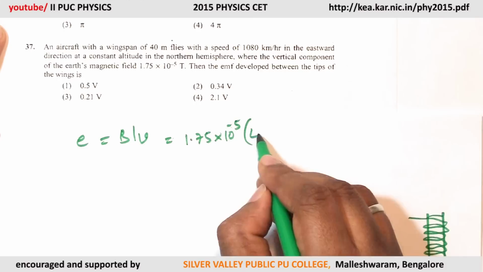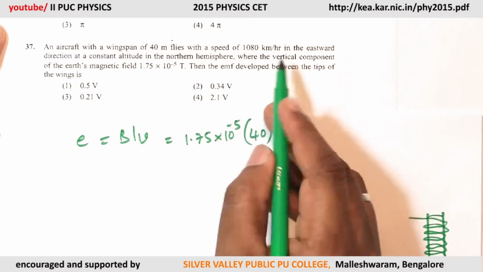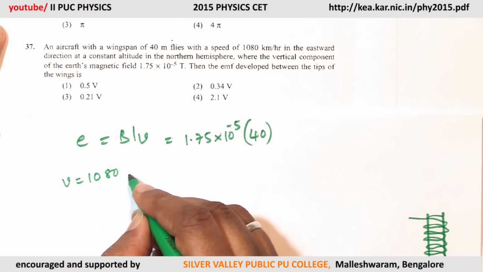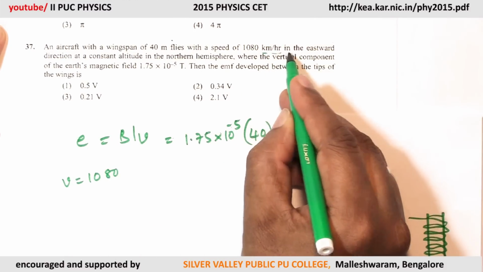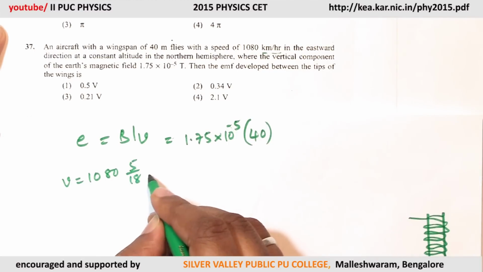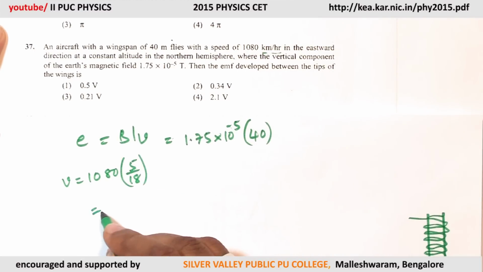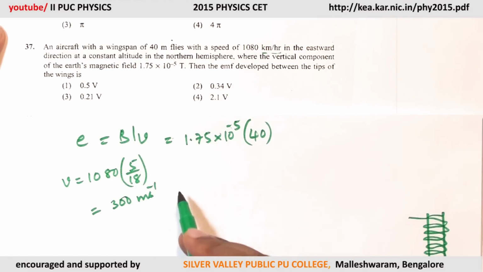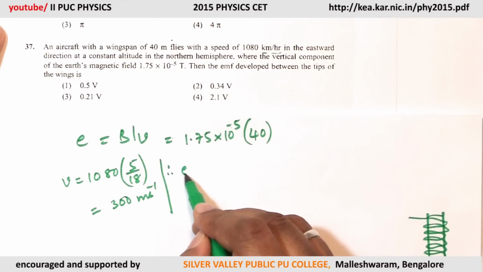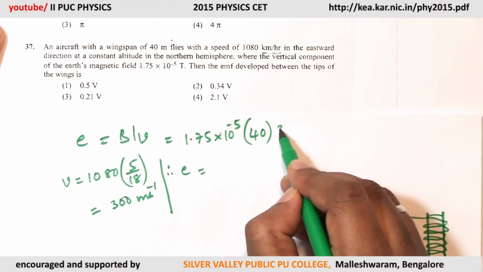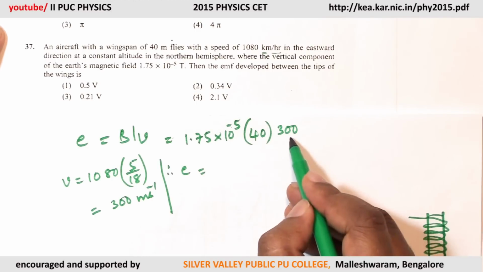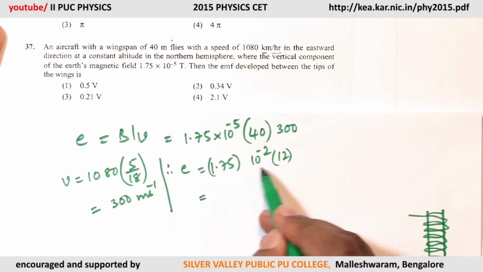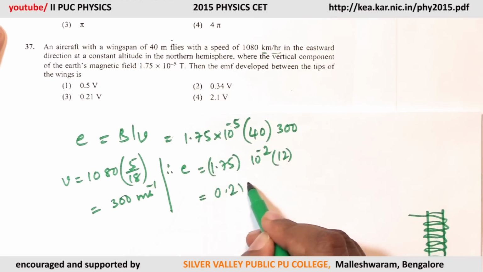Length is 40 meter and speed is given as 1080 km per hour. Kilometer per hour to meter per second means multiply by 5 by 18, equal to 300 meter per second. Therefore EMF equal to 300 into 40 into 1.75 into 10 power minus 5. Product of these is 0.21 volt.